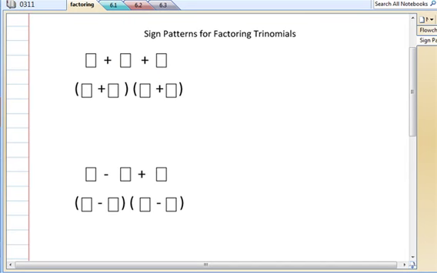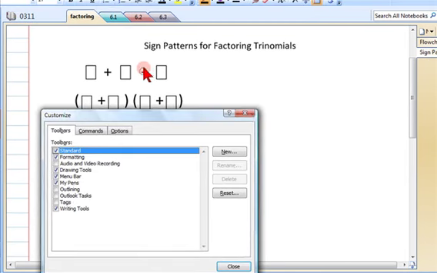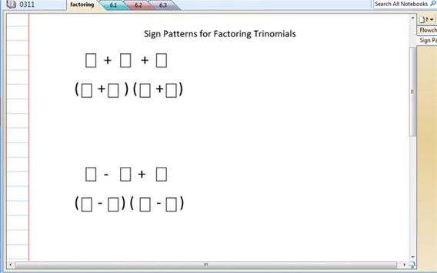If the last sign is positive, then both signs in the factors must match the middle sign. Okay? That's what you need to remember. If the last sign of a trinomial is positive, both signs match the middle term.